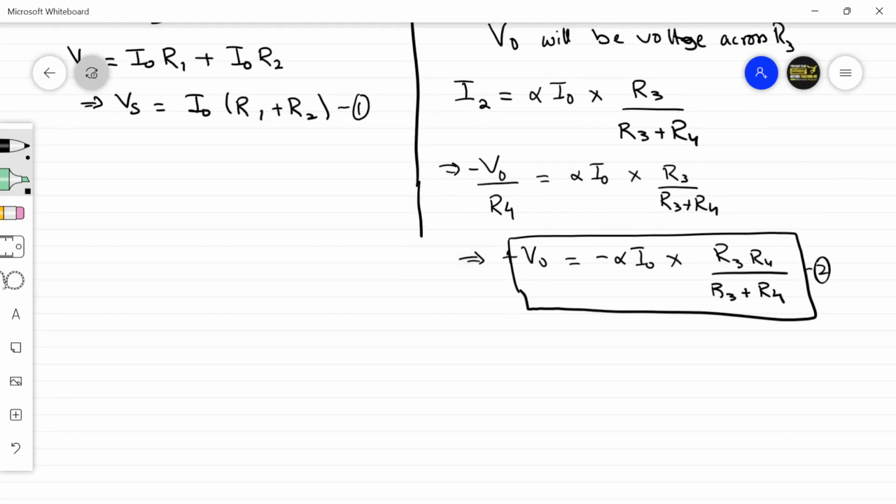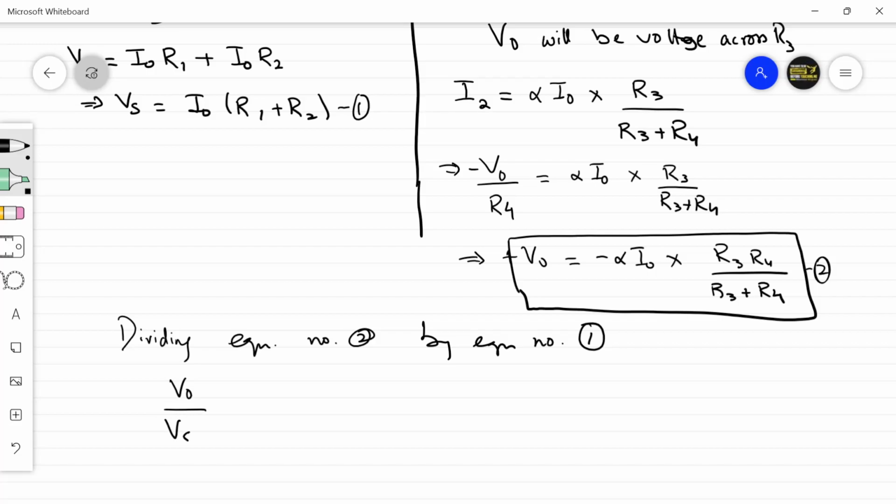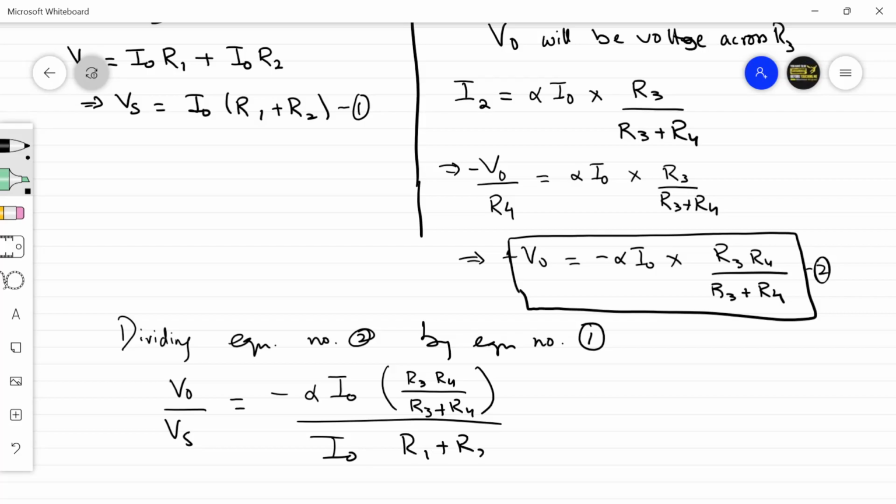Dividing equation number 2 by equation number 1. V naught divided by Vs is equal to minus alpha I naught R3 R4 by R3 plus R4 divided by I naught into R1 plus R2.